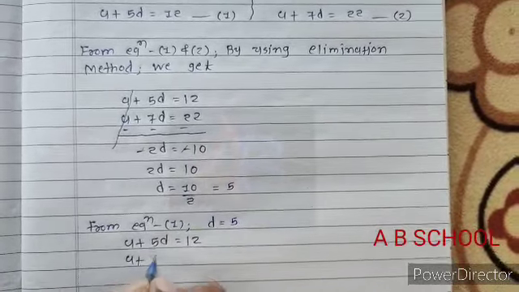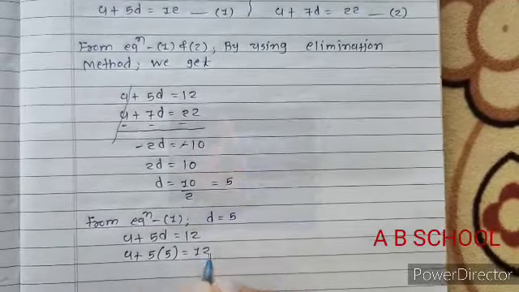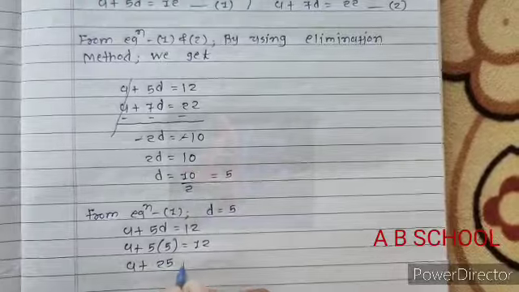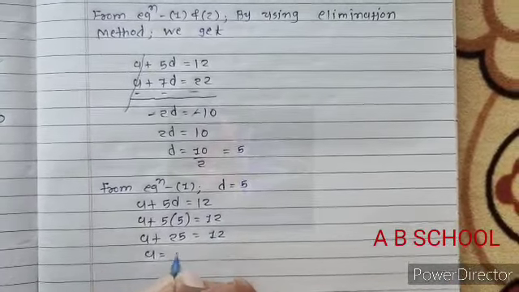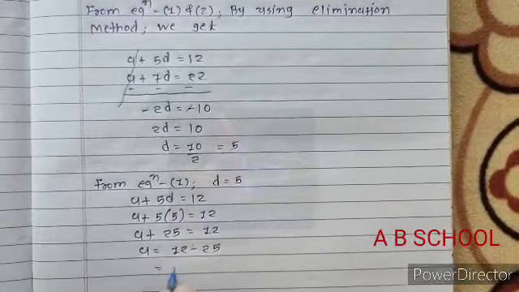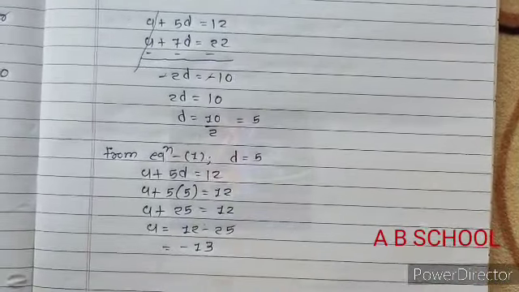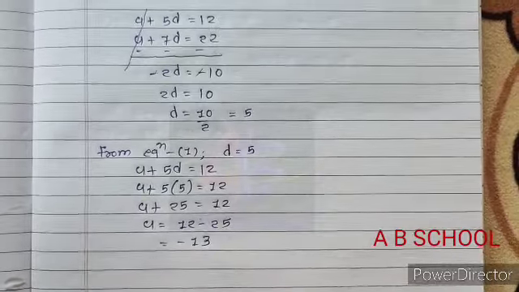A plus 5 times the common difference D, which is 5, is equal to 12. So A plus 25 is equal to 12. So A is equal to 12 minus 25, which is minus 13. Okay, so the value of common difference D is equal to 5 and A is equal to minus 13.